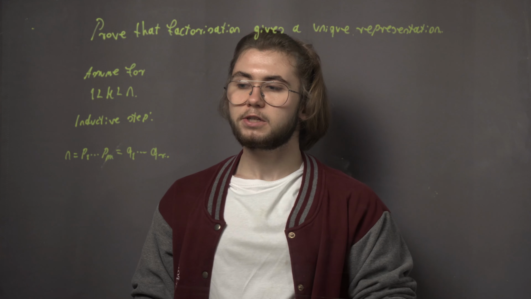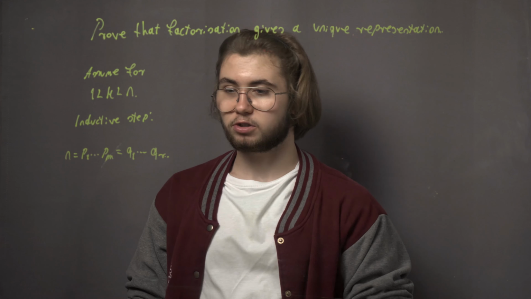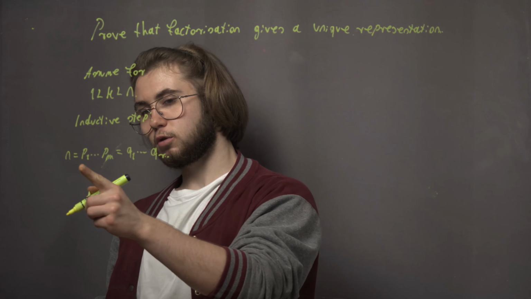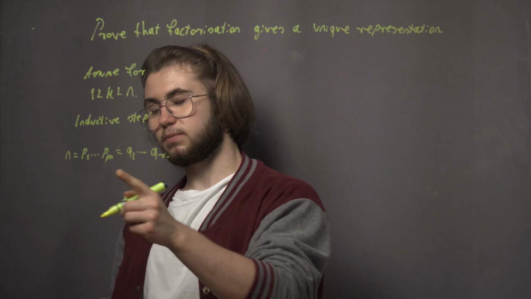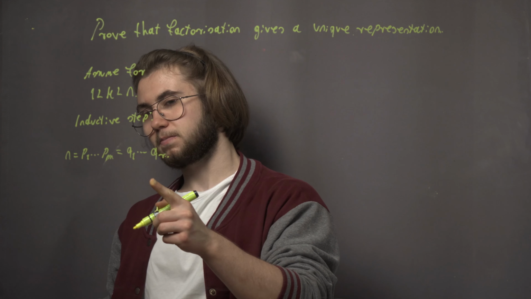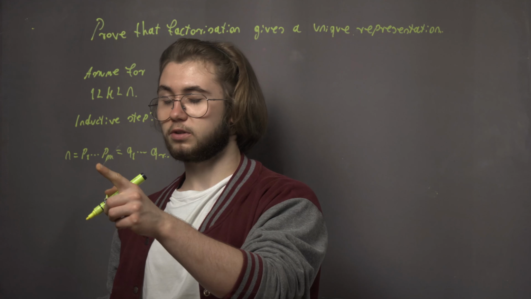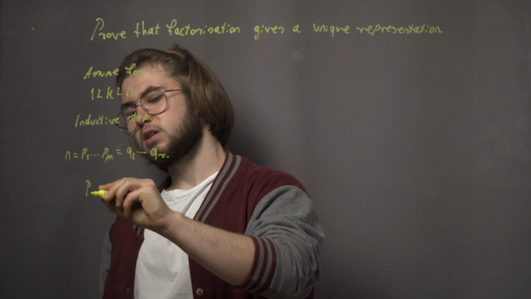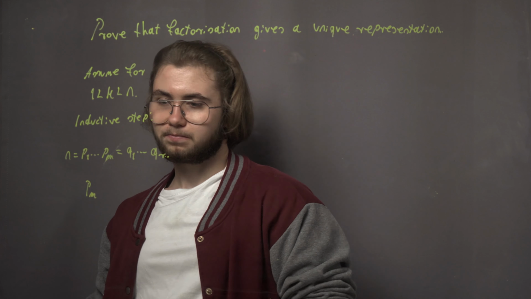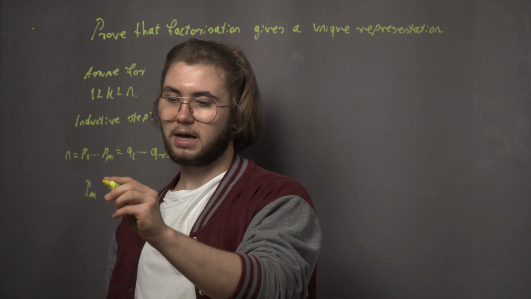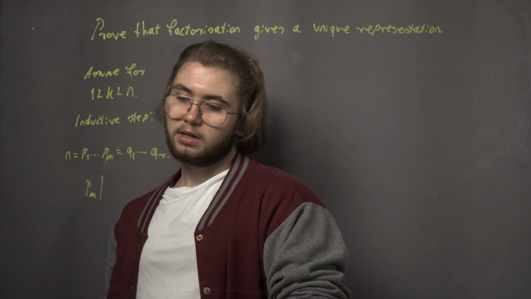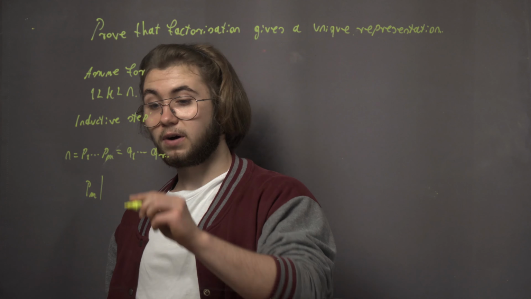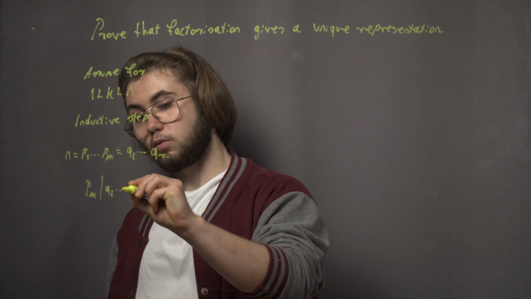First of all, there's a nice, interesting thing: if those products are equal, I will now focus on the product on the left-hand side. I would like to take one of those primes. I will take pm just for simplicity. Then it will have to divide the entire product q1 up to qr.